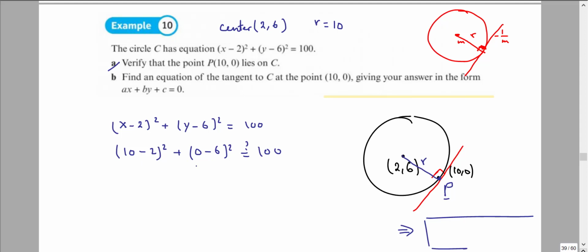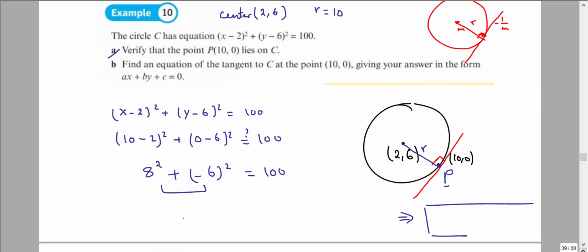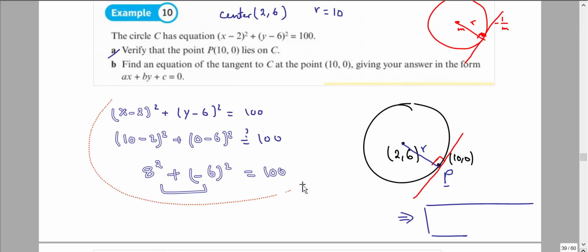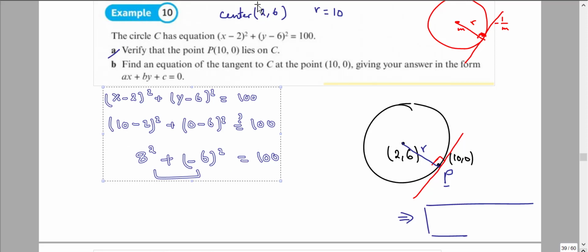In the left we will have 10 minus 2, that's 8 squared, and this one will be negative 6 squared. Is this 100? Try it on the calculator: 8 squared plus open bracket minus 6 square.